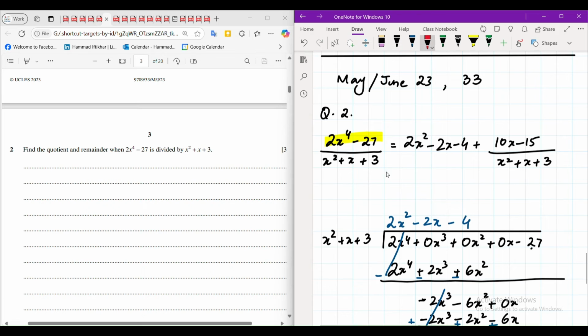So either we clarify that the quotient is 2x squared minus 2x minus 4, and the remainder is 10x minus 15, or we can also leave it in this form, but if we keep it explicit, that would be better.